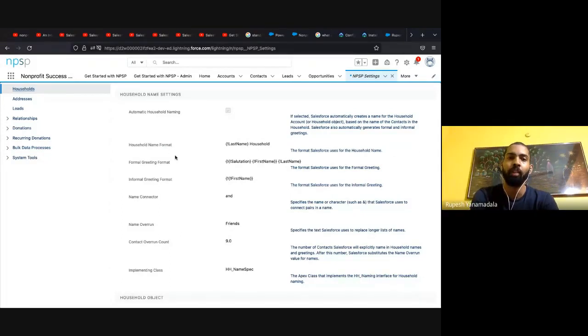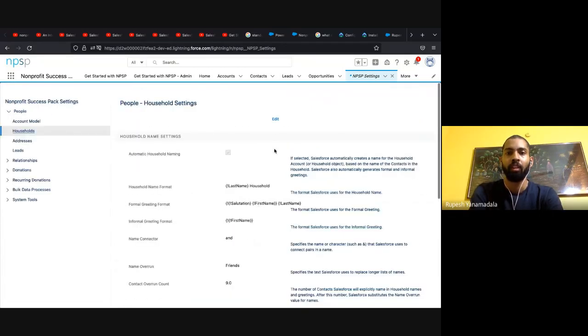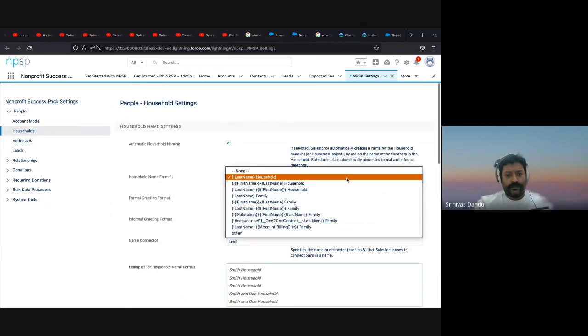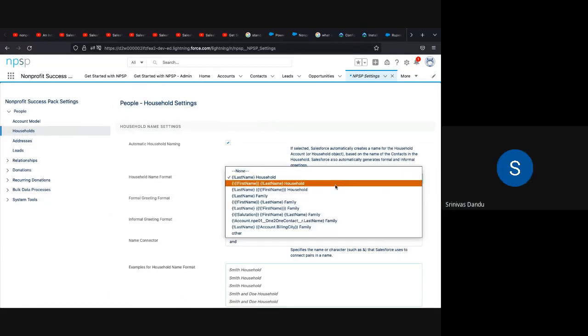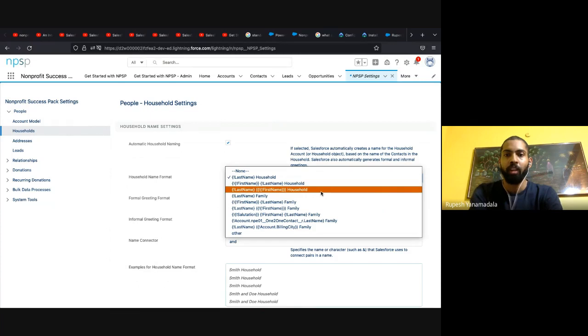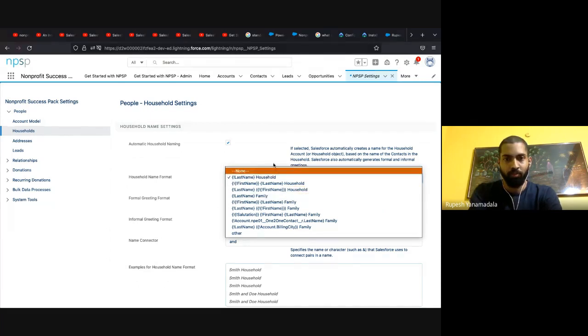So this is household name format. It is nothing but which format you want to pick, either full name or last name. In certain countries like India, we prefer the surname first, and then our actual name is written after the surname. In that case, we can switch this to first name: first name, last name as household, or first name as household, last name as family.